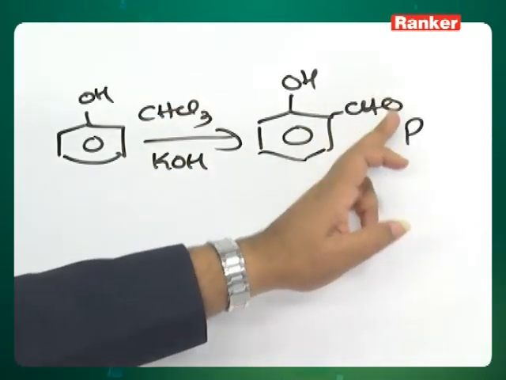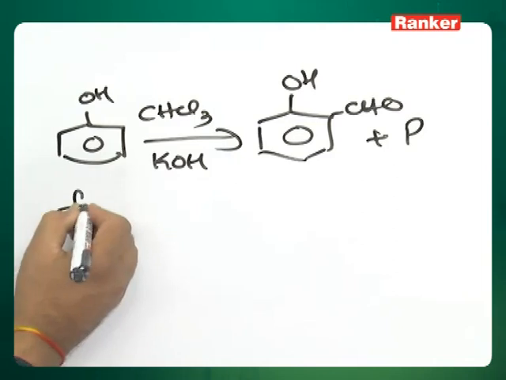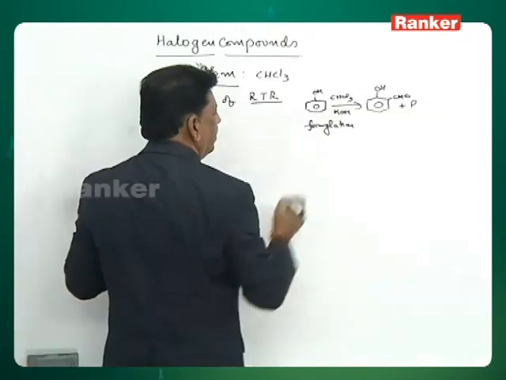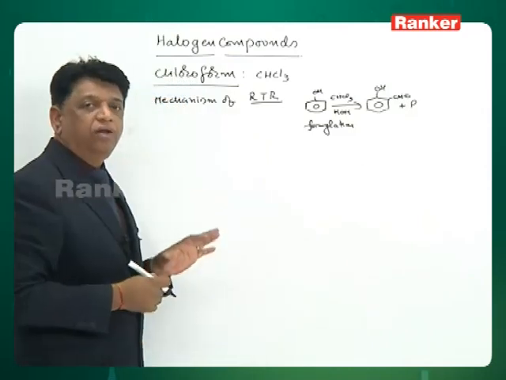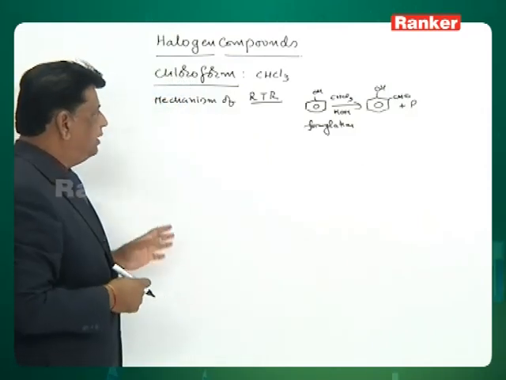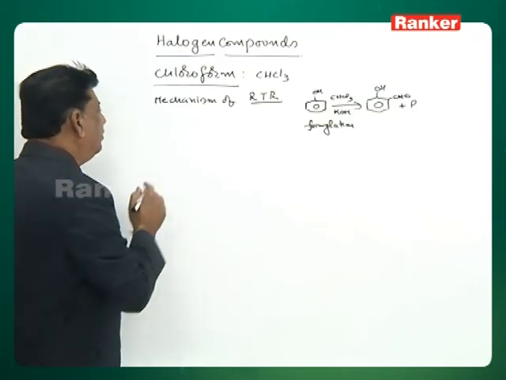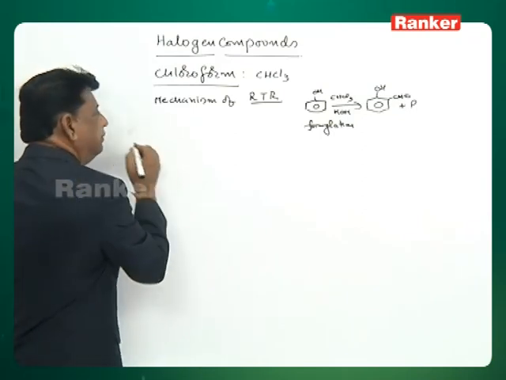So I call this reaction a formylation, specifically phenol formylation. So the Reimer-Tiemann reaction is nothing but a phenol formylation. How does this formylation take place? Let us see the mechanism.